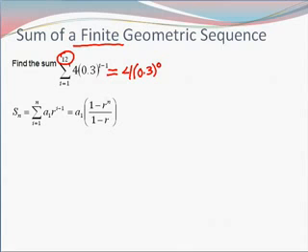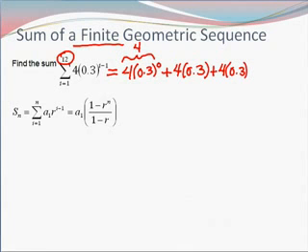Now anything to 0 is 1, so you know that this term really is just plain old 4. Plus 4 times 0.3 plus 4 times 0.3 squared plus, skip to the last term, 4 times 0.3 to the 11th power. So that's our whole sum of our geometric sequence.